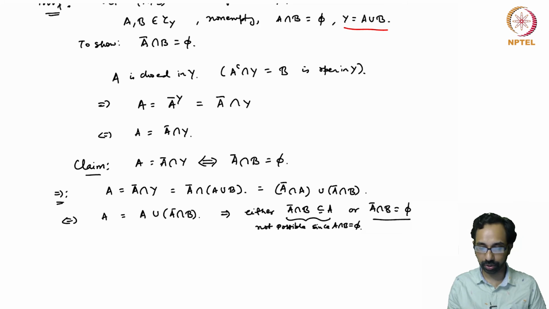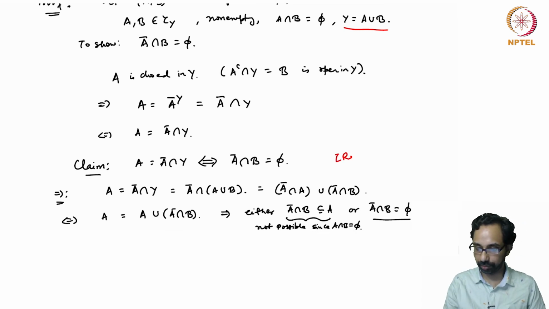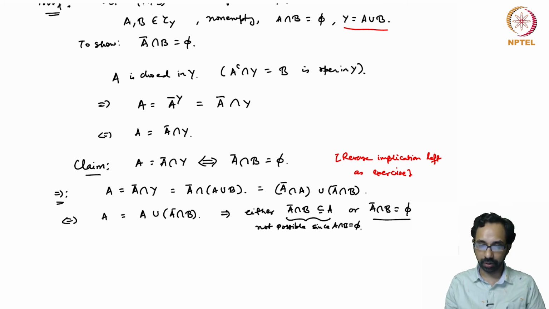And you can also show the other reverse implication, and I leave it to you as an exercise, which is essentially this same argument but in reverse. Okay, so this gives a characterization of subspaces which are connected in the subspace topology.